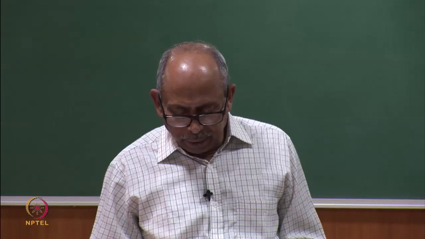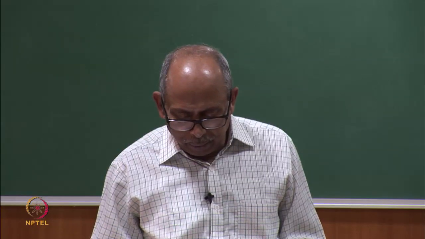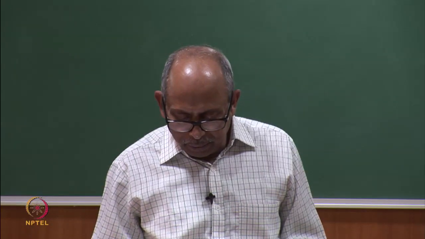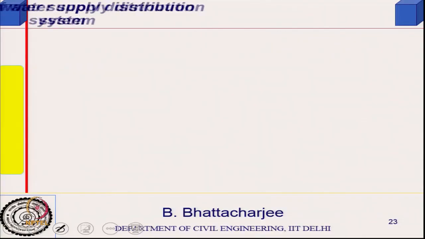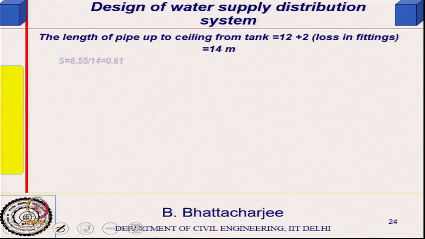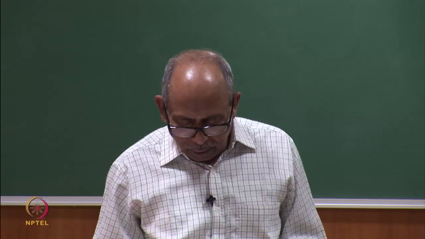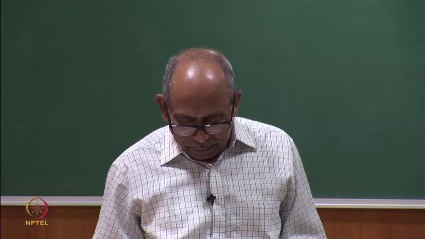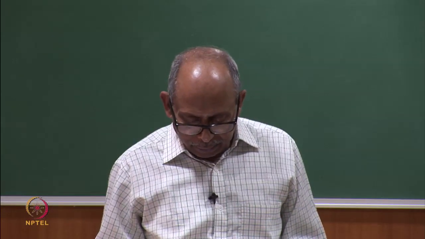I do not know whether I have an example problem here, I might have or may not have. Let me see if I have an example problem for the loop tabular form. This is normally done in a tabular form, maybe it is there somewhere, I will just check.